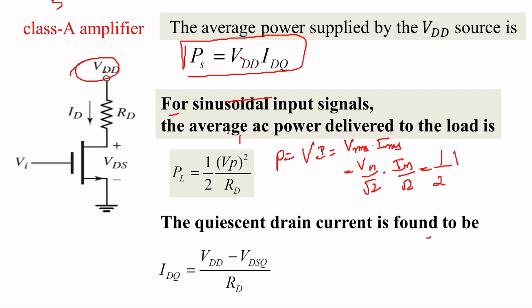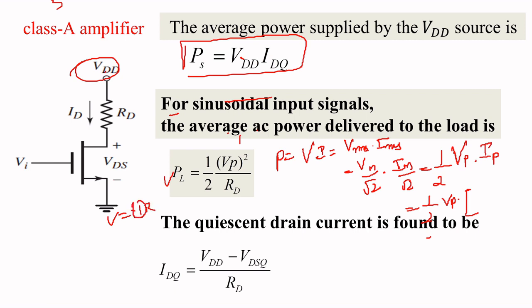So I can write Vm as Vp, both are the same, and Im as Ip. From this I can change this Ip. You know Ohm's law, it's a powerful law: V equals IR.